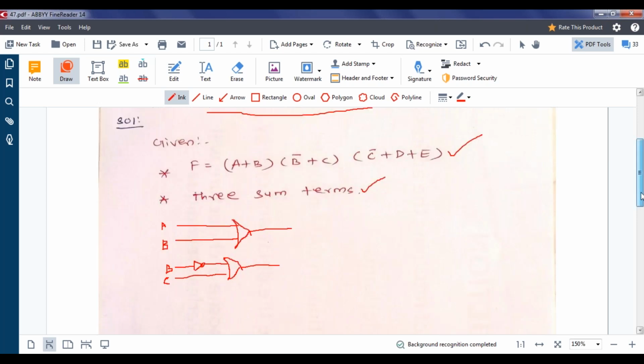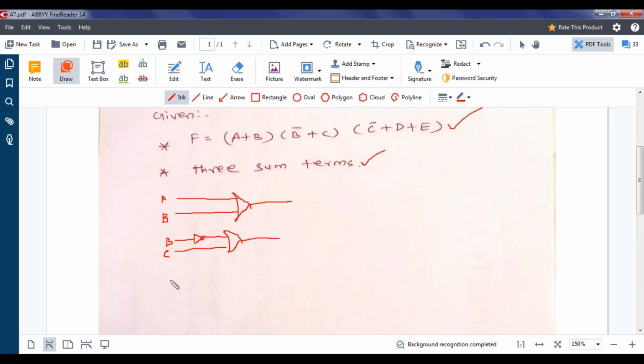Next, what is the next term? The next term is C bar. Next we want to consider the last sum term, C bar. The C value we give to the NOT gate, and it will convert the C value as C bar.